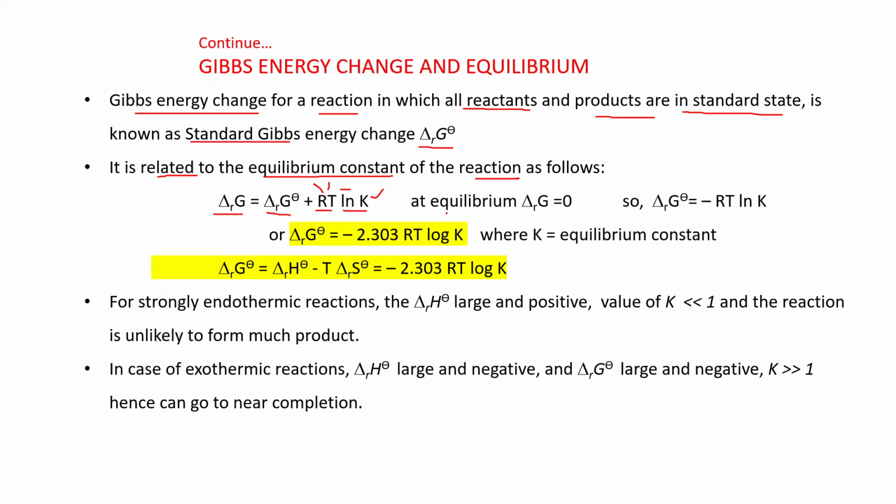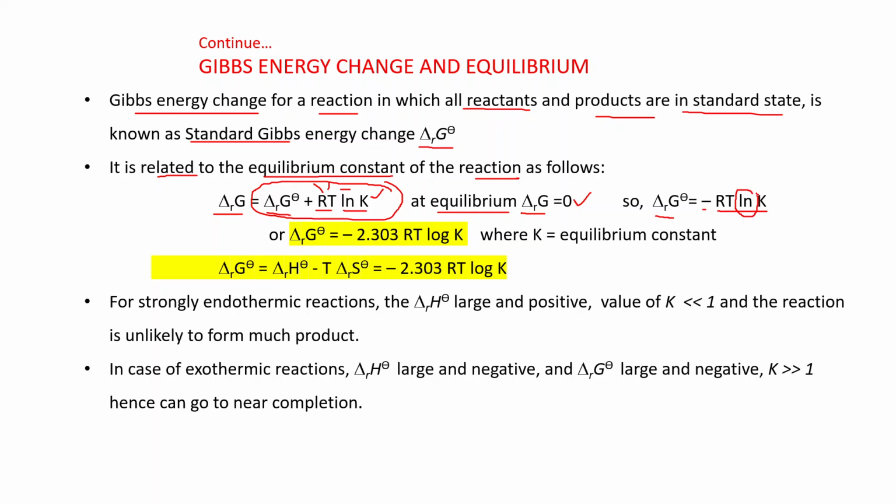As we discussed, at equilibrium the change in Gibbs energy is equal to zero. That's why this relationship can be written like this: standard Gibbs energy of a reaction is equal to minus RT ln K. Now, this is a natural log.